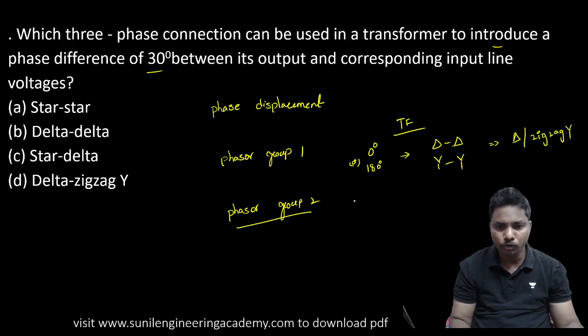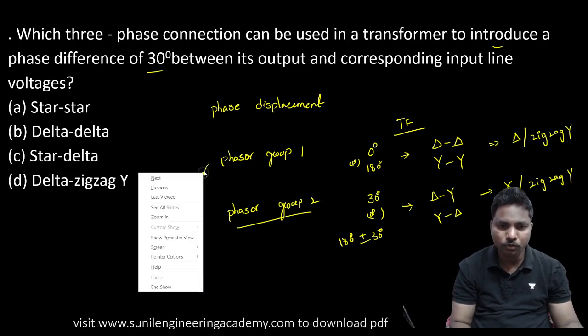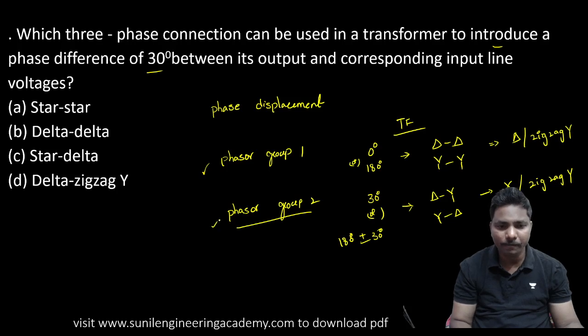Phasor group 2 has 30 degrees or plus or minus 30 degrees, that is 210 or 150. In this group, one is a delta and another is a star, or one is a star and another a delta. Here also star, zigzag, star. If you are going to operate in parallel, we have to use the two transformers in phasor group 1 or phasor group 2.